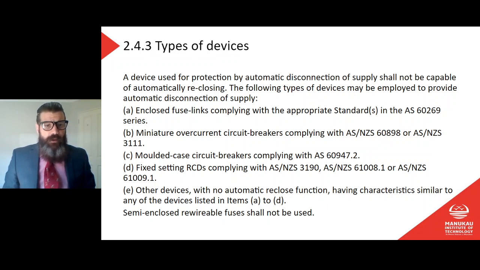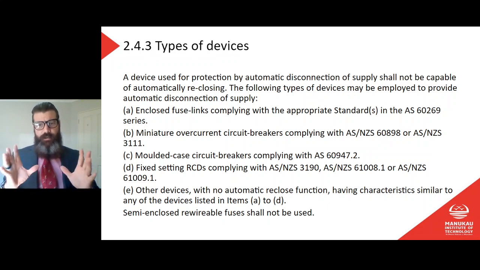The first thing there, should not be capable of automatically reclosing. Okay, we have talked about automatic reclosing in terms of electricity supply, right? So supply to power lines. We've mentioned before that sometimes those will reclose automatically.